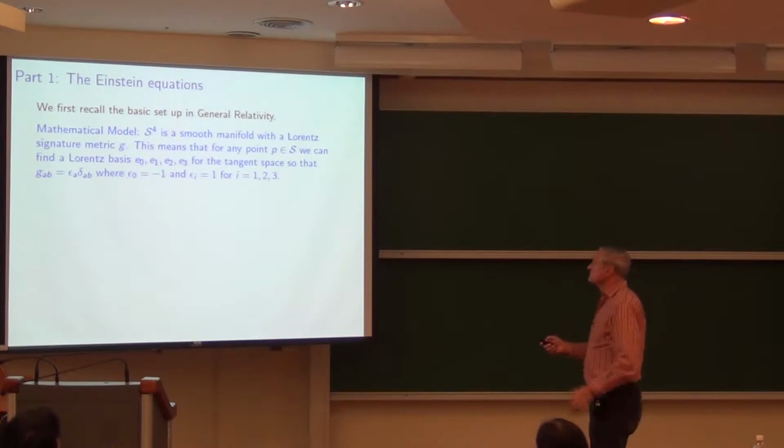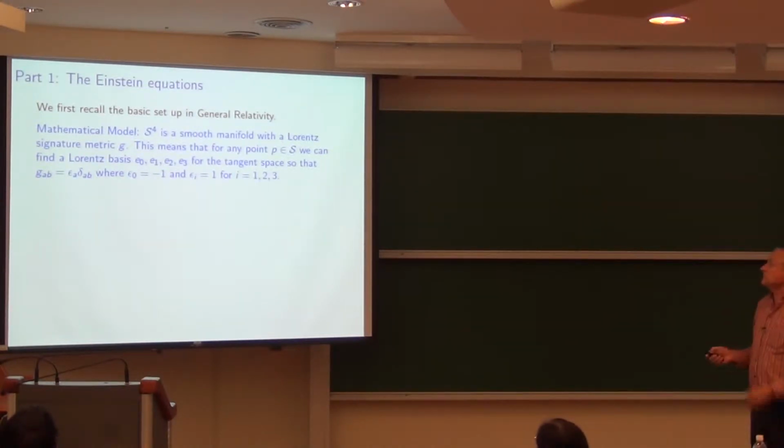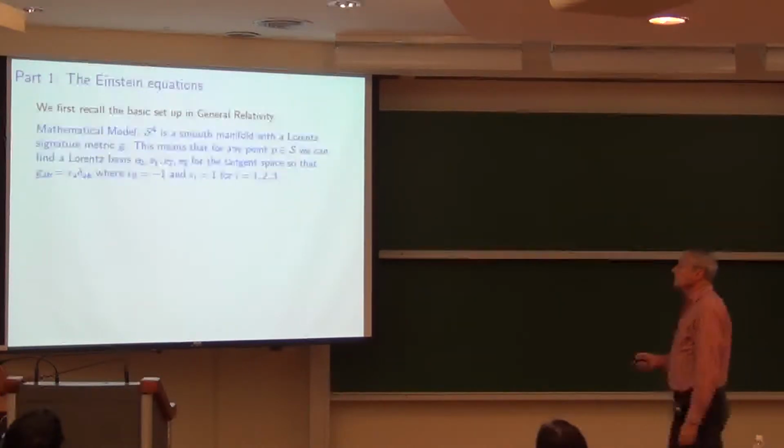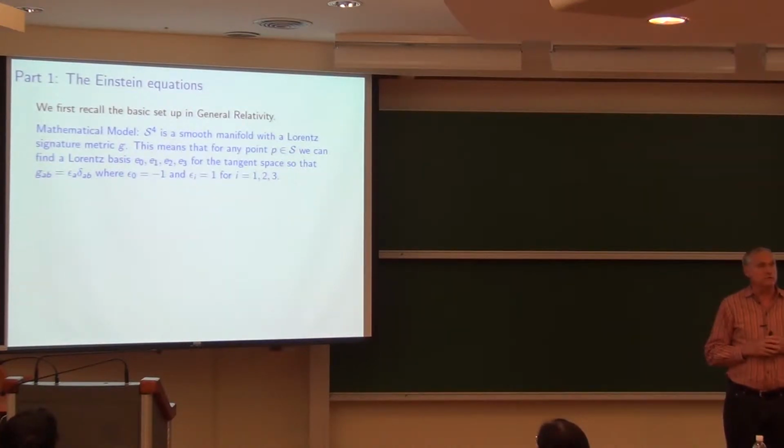And what that means is that if I take a point in the tangent space, then I can find a Lorentz basis. In other words, I can choose a basis for the tangent space so that the vector E0 has square length -1. So if I take E0 inner product E0, I get -1. They're all orthogonal, and the other three have square length +1.